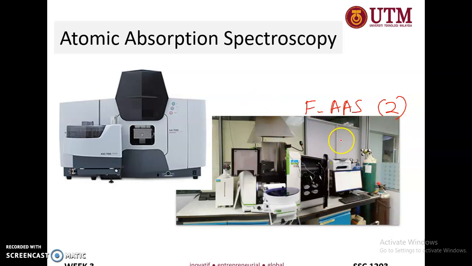The most significant feature of flame AAS is that we have a chamber of flame over here. This is literally flame, just like what we use in cooking, but at higher temperature given by a source of gas that is different from cooking.